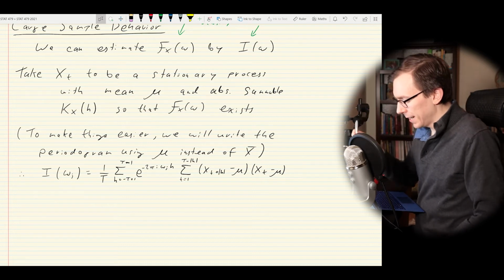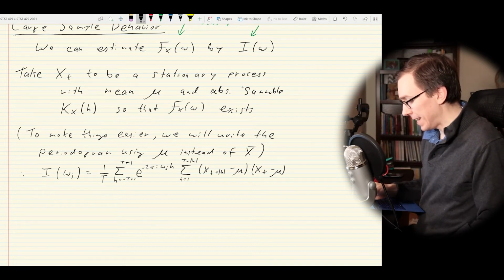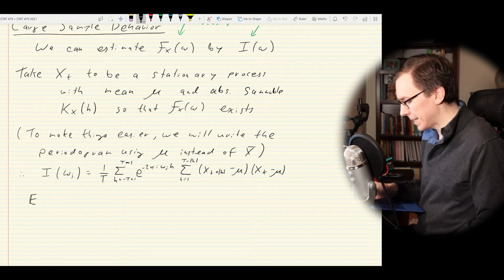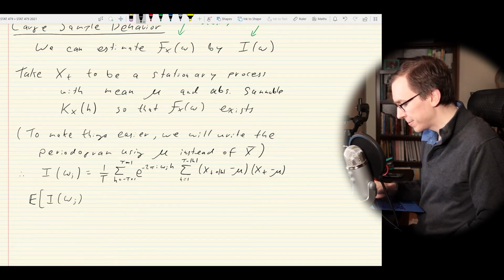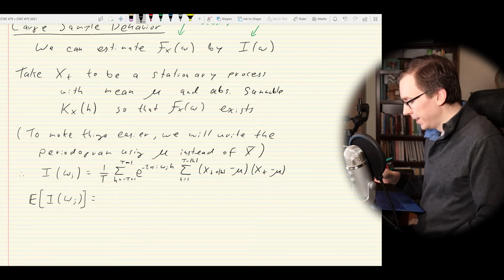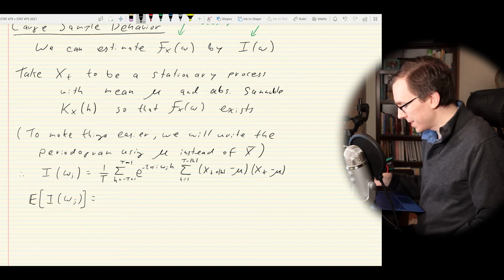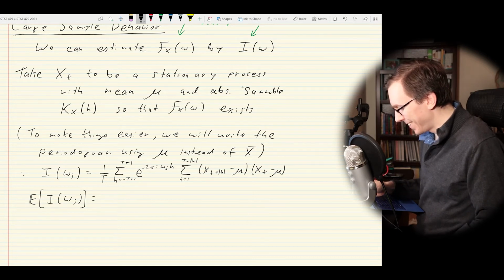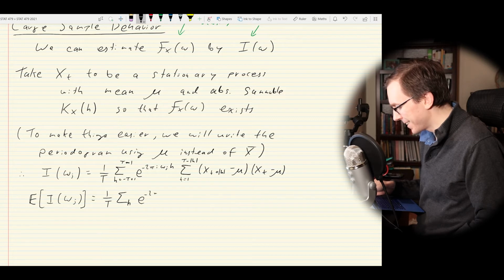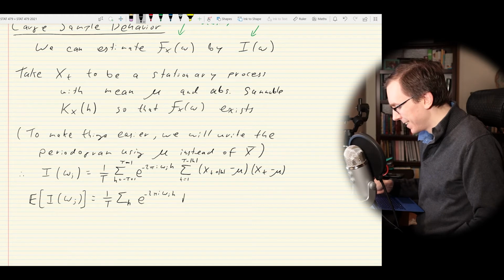The reason I'm writing it like this is so that I can take an expectation of it. If I take the expected value of the periodogram, what do I get? Well, most of this stuff is not random, so I end up with the sum over h here, which I'm not going to rewrite the indices for because it's annoying, and I'm going to have to write it another time in the next line anyway.